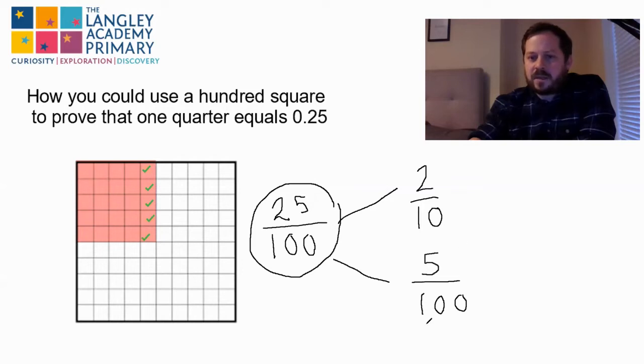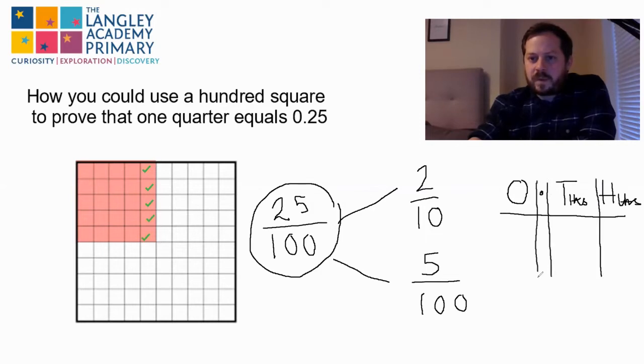So we've got 2/10 and 5/100. Therefore, if we make our place value grid again and place this into that place value grid, we very quickly get 2/10, that's that bit there.